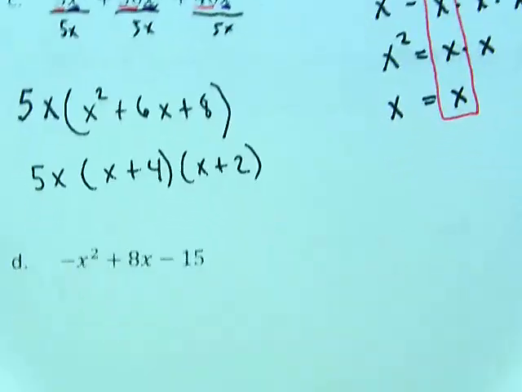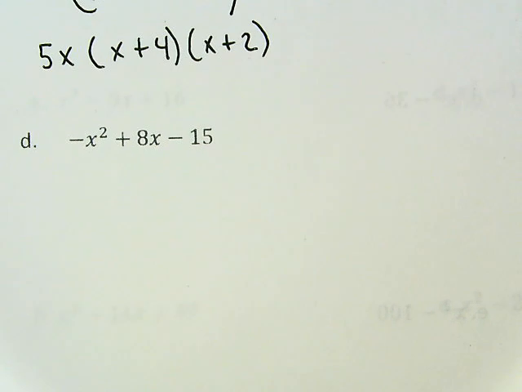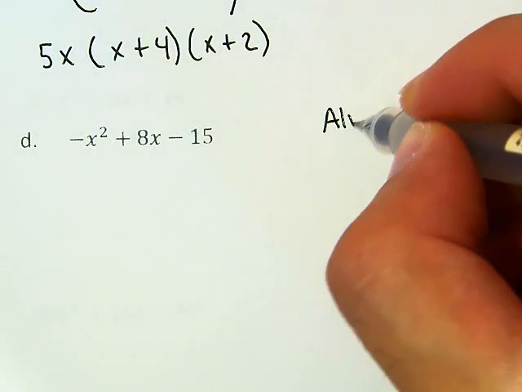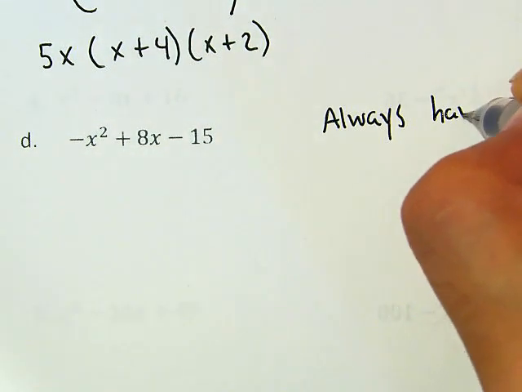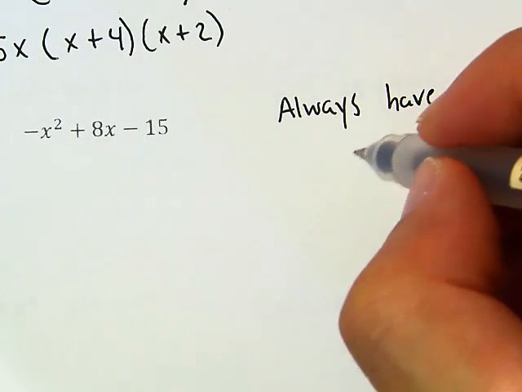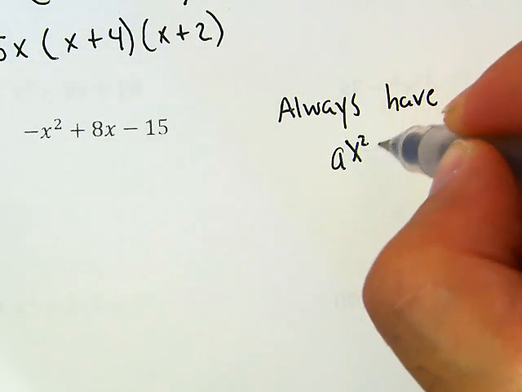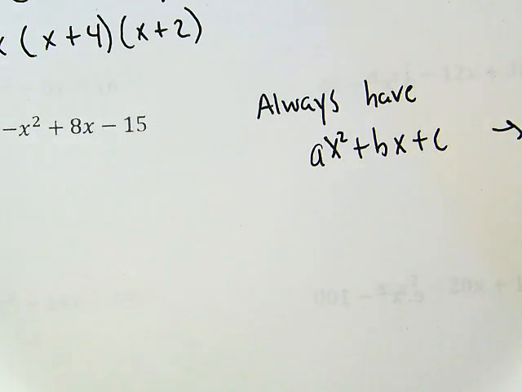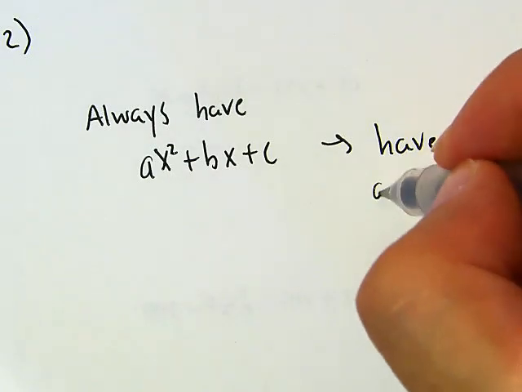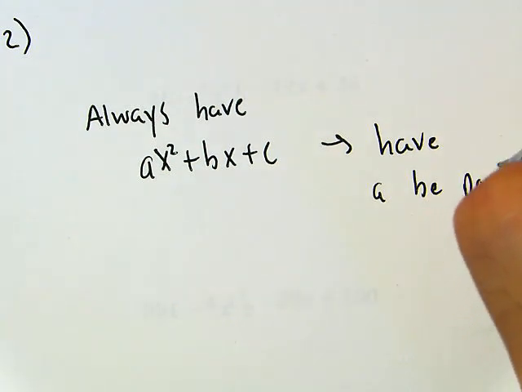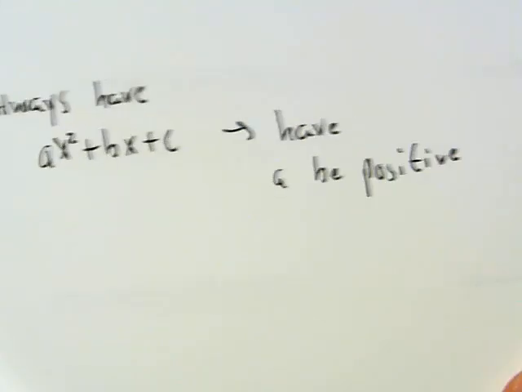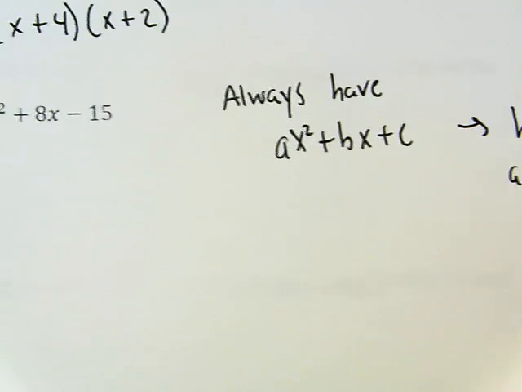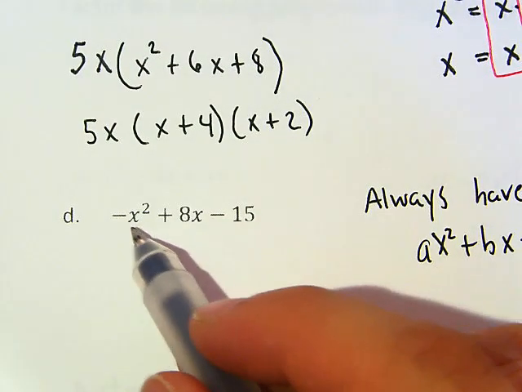Okay. Now let's take a look at this one. Here, always have your ax squared plus bx plus c have A be positive. So what do I mean by A? Like here, what is the A value?